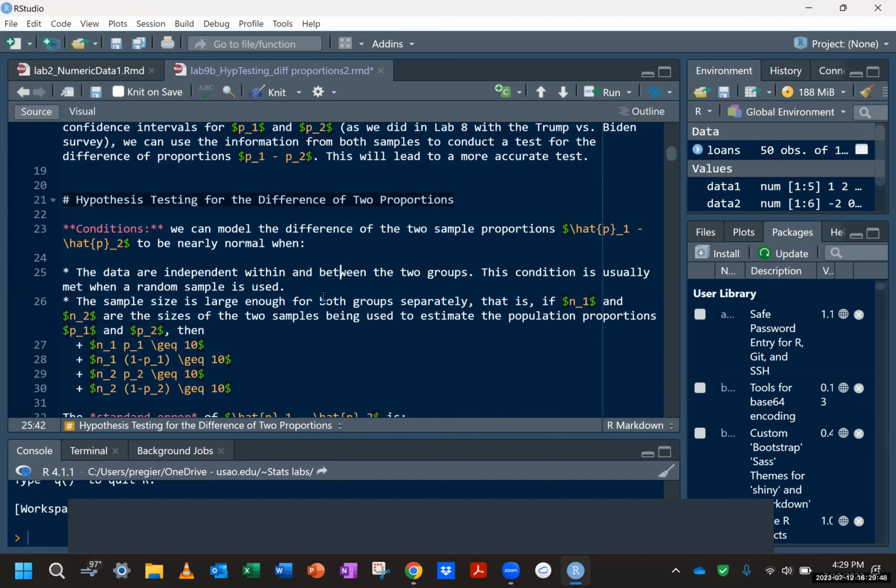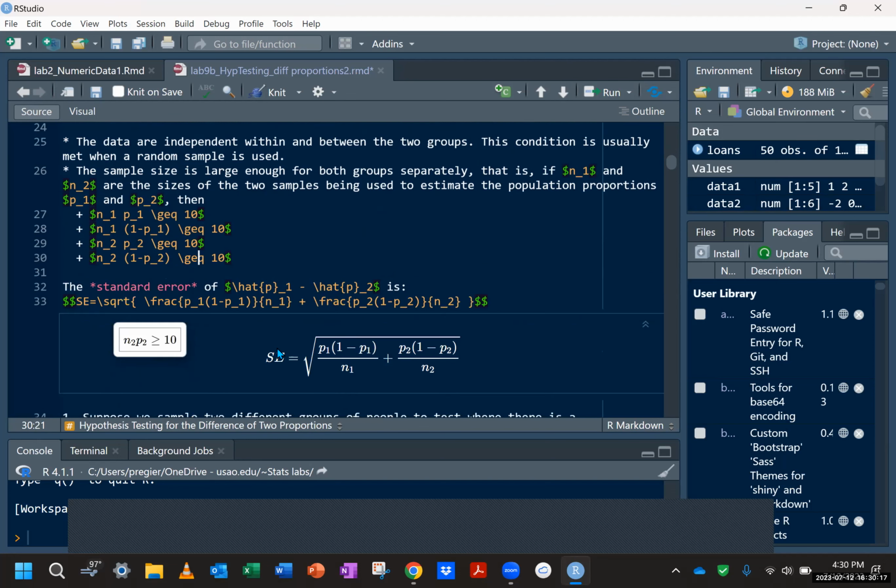And the last thing is that we have to have a large enough sample size, our success-failure conditions. So this would be at least 10 successes. Notice n1 times the proportion of success is the number of successes. n1 times 1 minus the proportion of successes for sample 1 is also going to give the number of failures. So that's got to be greater than 10. And the same for our second sample.